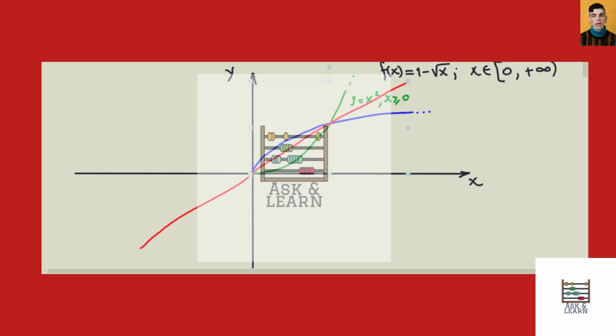So now we take out the parabola for a moment, because we already found the inverse of the parabola, and we have this. That's square root of x now. And how did we do it?